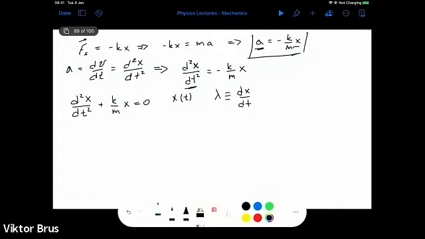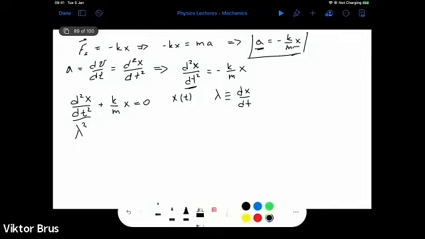And quite often we deal with these types of second order linear differential equations, second order because we have a second derivative involved in these differential equations. So we write the characteristic equation, which is lambda squared.